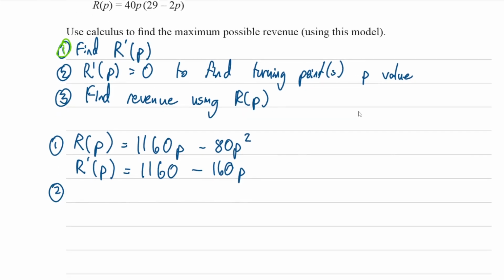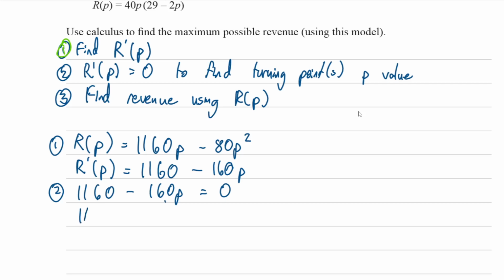Step 2 is to equate that to 0. A reminder, we're doing this because we know that the maximum or the minimum, the turning points, have a gradient of 0. So we set our gradient function equal to 0. Let's solve for p.